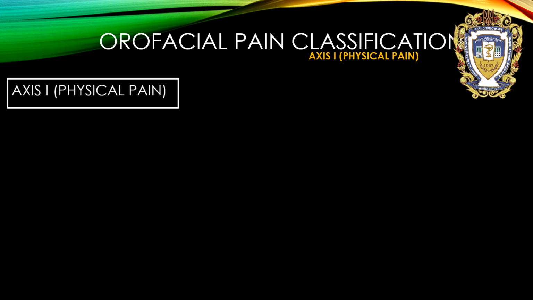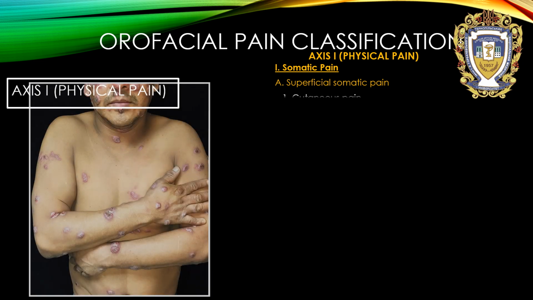So, axis 1, physical pain. First big group, somatic pain, superficial somatic pain.